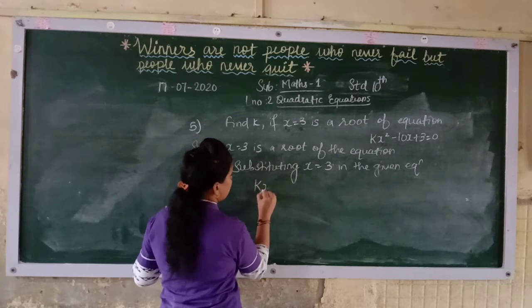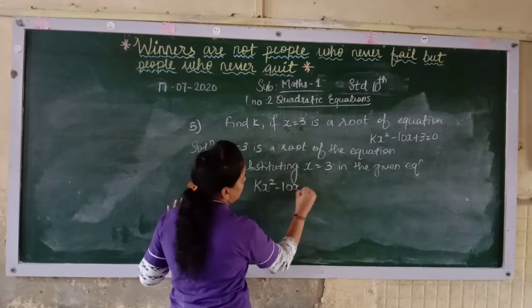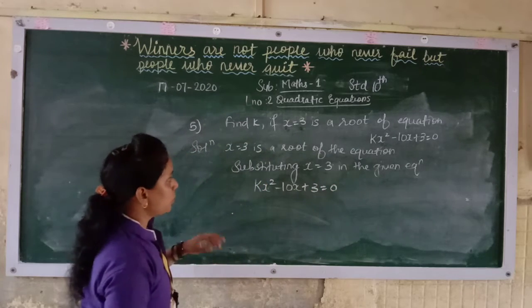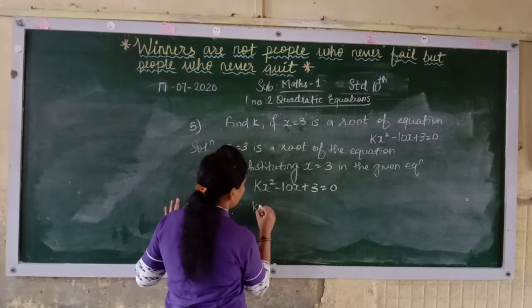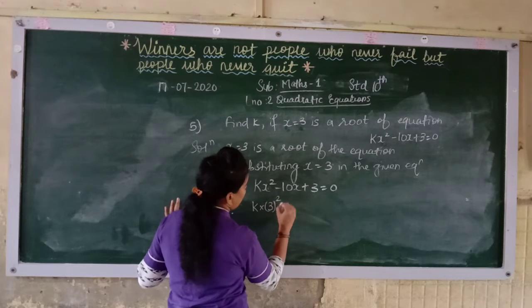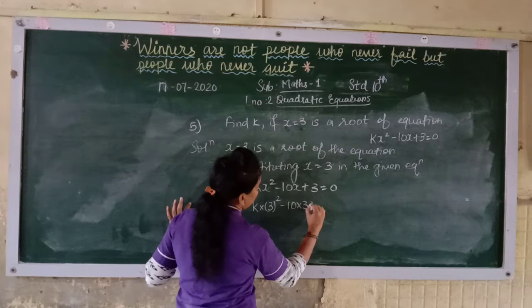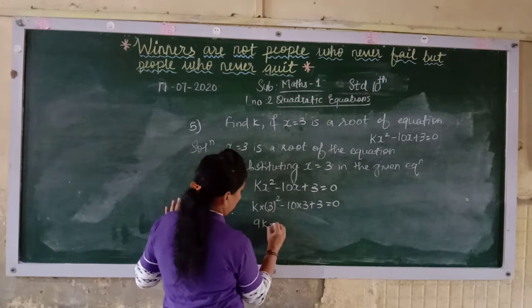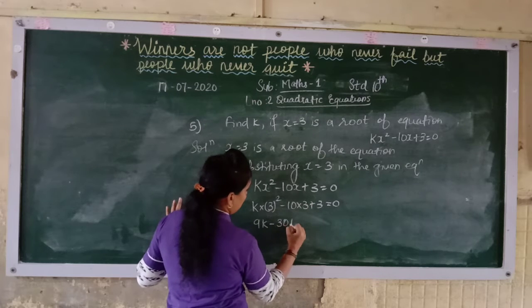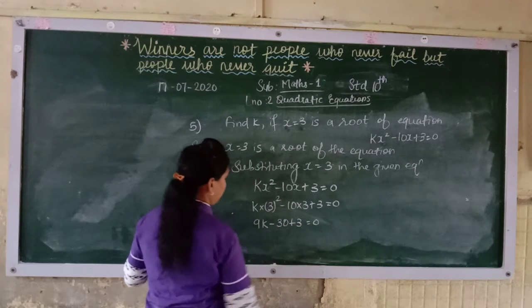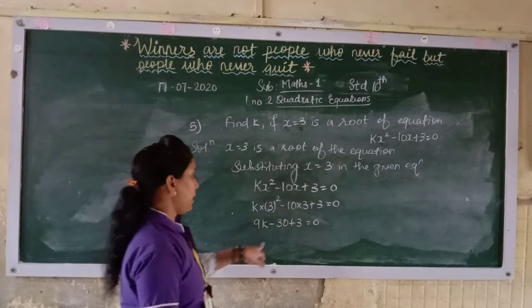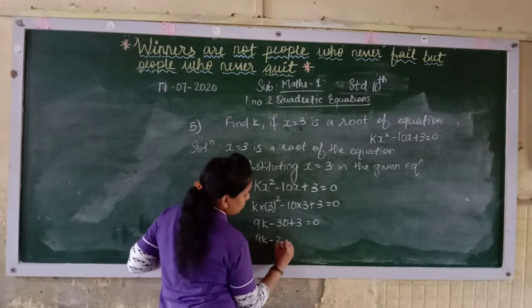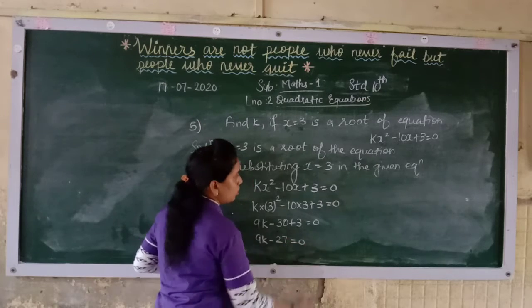It is kx square minus 10x plus 3 is equal to 0. Put the value of x as 3. So k into 3 square minus 10 into 3 plus 3 equal to 0. So 3 threes are 9k minus 10 threes are 30 plus 3 equal to 0. Now minus 30 plus 3 will come minus 27 is equal to 0.